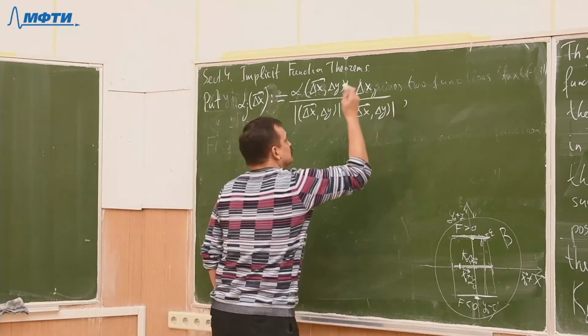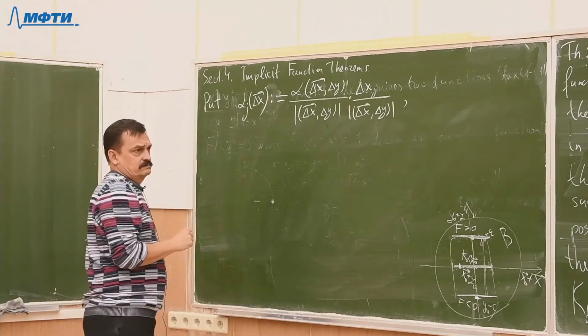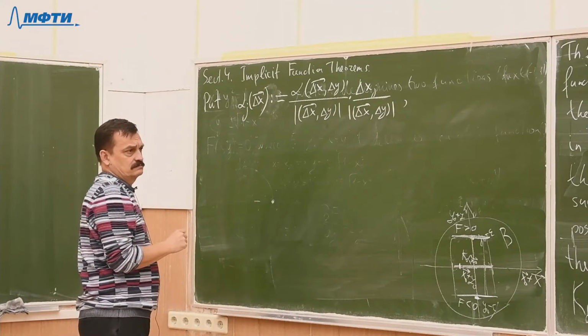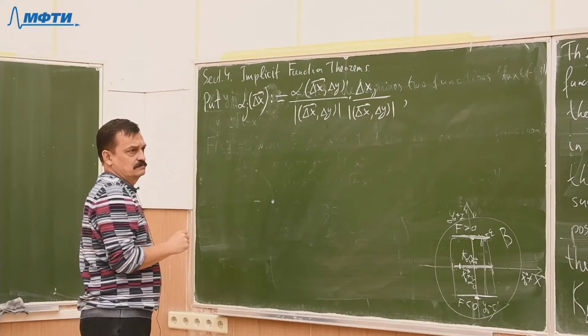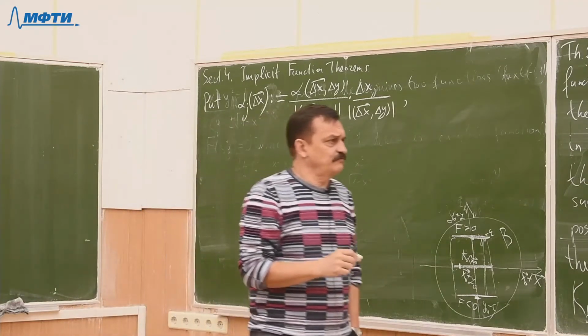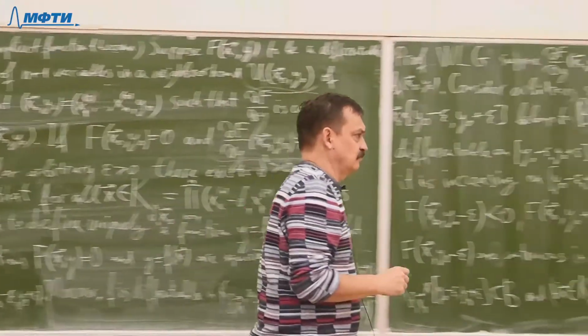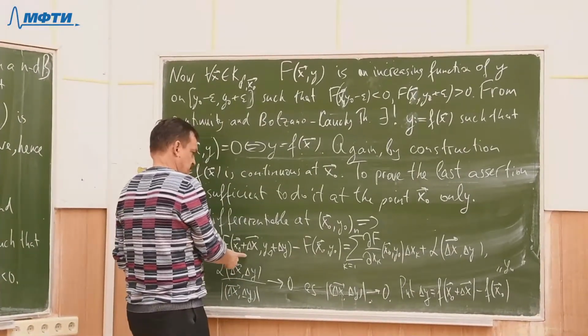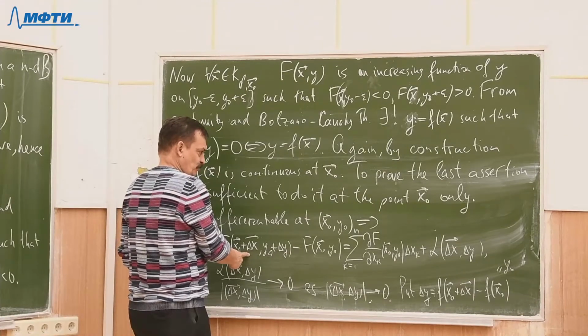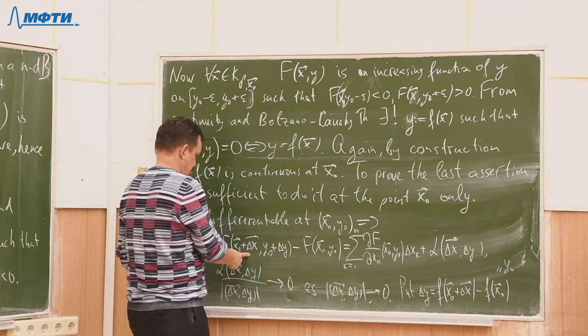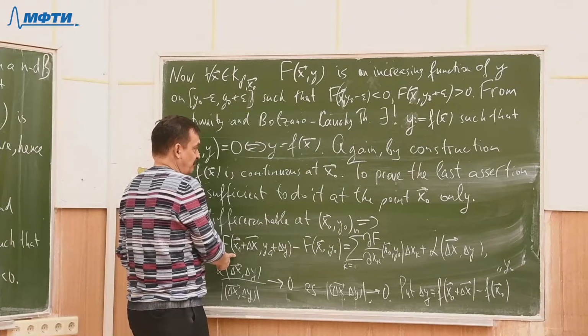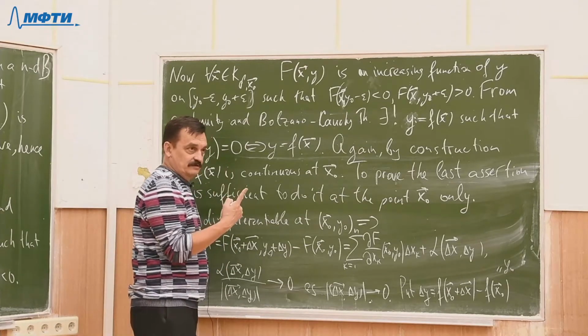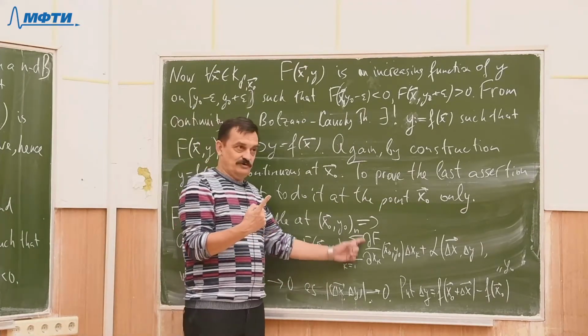And yeah, I'm sorry, I forgot a very important thing. Capital F has n+1 variables, right? I wrote n variables.